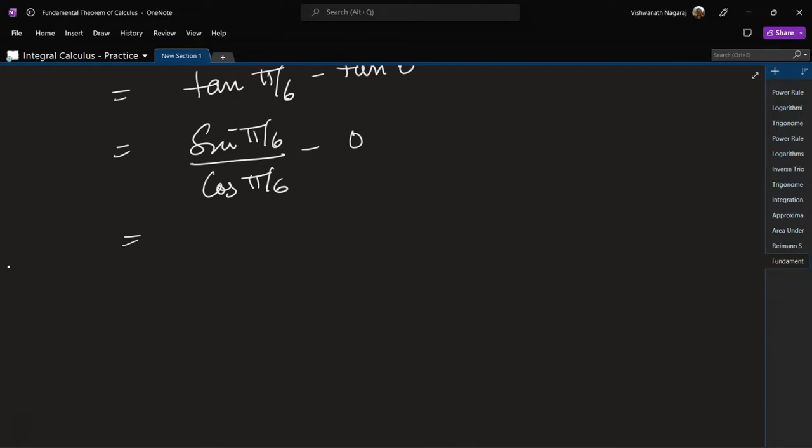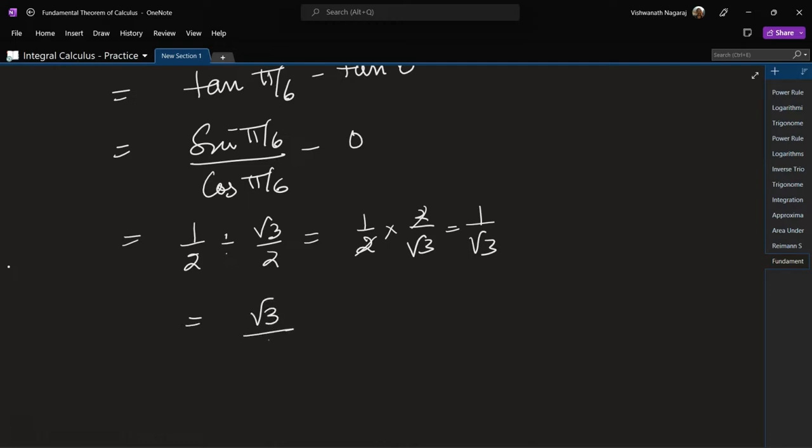Now sine pi by 6 is 1 by 2 divided by cos pi by 6 is root 3 by 2, which gives us 1 by 2 times 2 by root 3. 2 cancels, which is 1 by root 3, or we can write this as root 3 by 3.